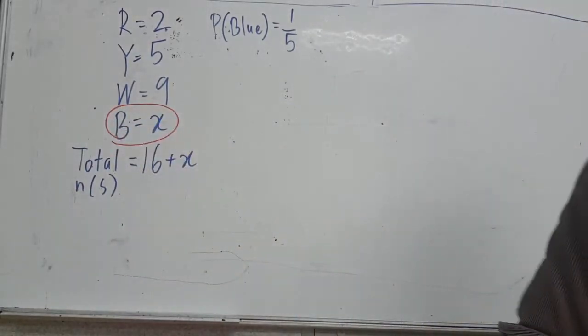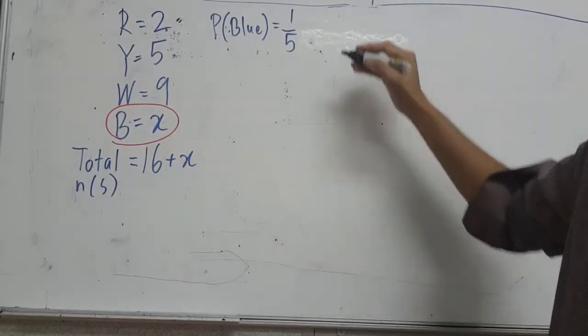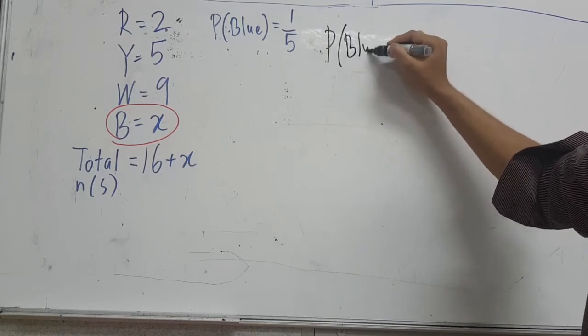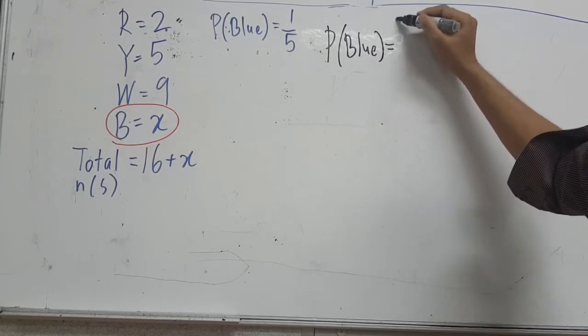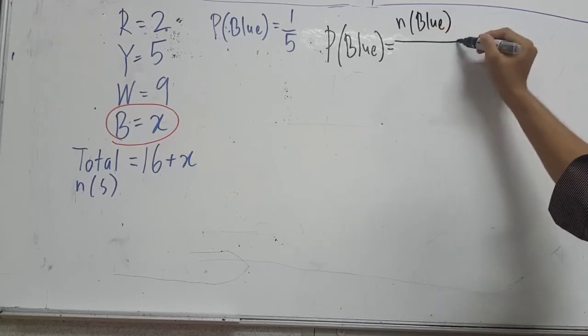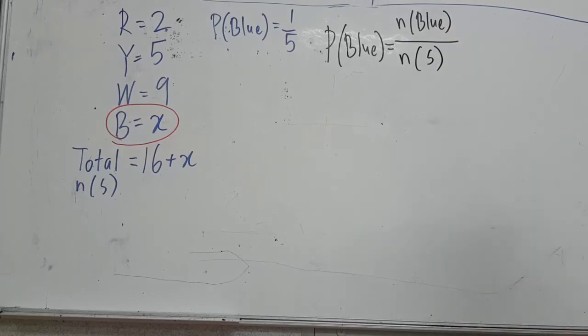Ready? So how to calculate this? As usual, we use the formula: the probability of blue is equal to the number of blue divided by the number of all samples.